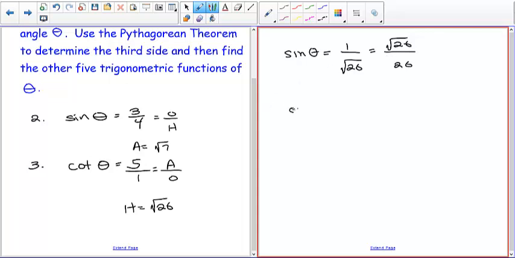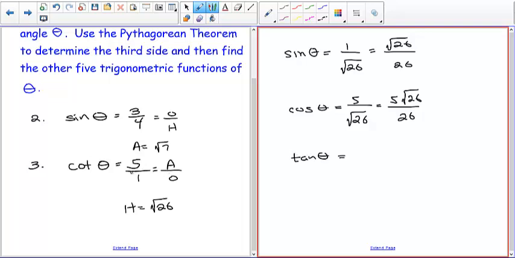We have the cosine of theta, which is adjacent over hypotenuse. So what we end up with here is 5 times the square root of 26 divided by 26.